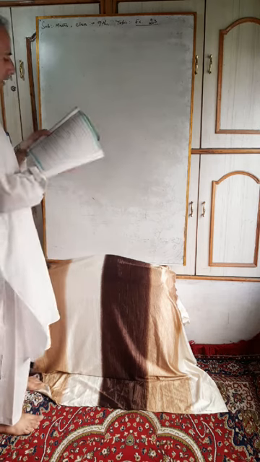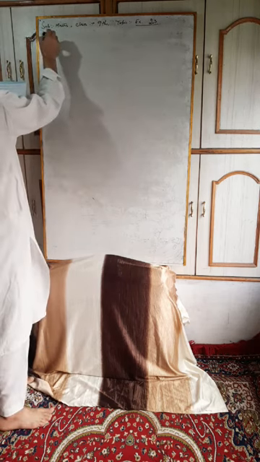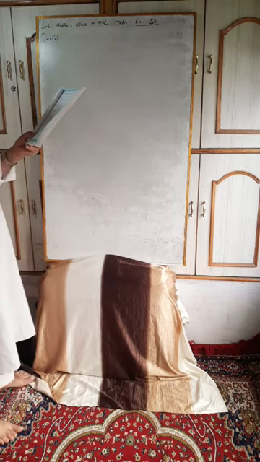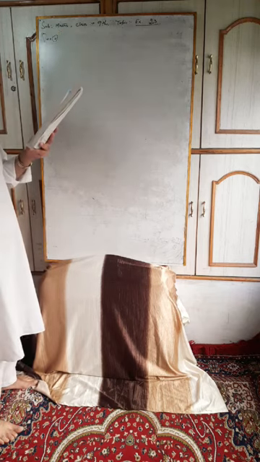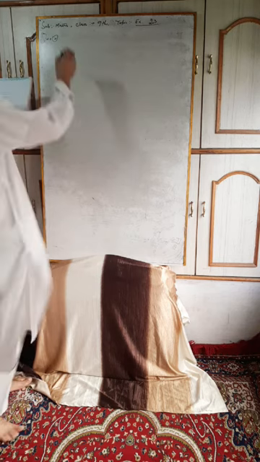Now we are having the second question of the same exercise, question number 2. Find the remainder when x³ − ax² + 6x − a is divided by x − a.